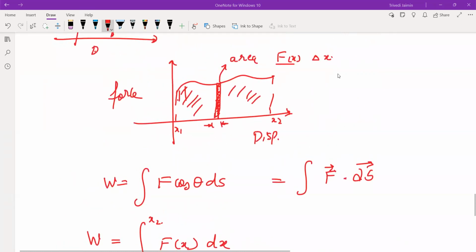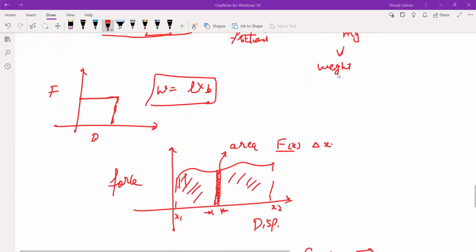Now see how to find limits. Generally, forget the integration part. So from where is it starting? At 0 on the x-axis. I'm talking about the x-axis. Where is it ending? Let's take this here as 2: 0, 1, 2. It's varying from 0 to 2. Displacement is varying from 0 to 2.